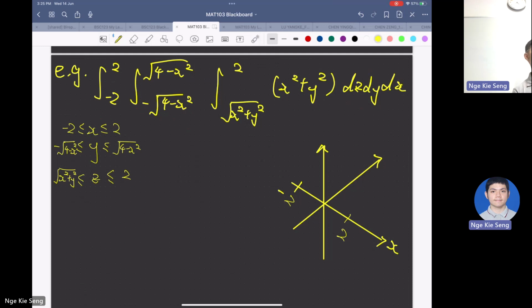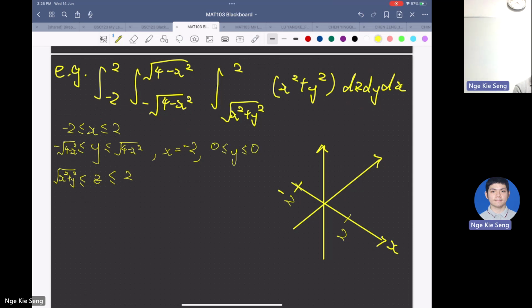Okay, so where is your y bounded when x equals -2? Sorry, x equals -2. Where are your y? y is equal to 0, because y is bounded above and below by 0.